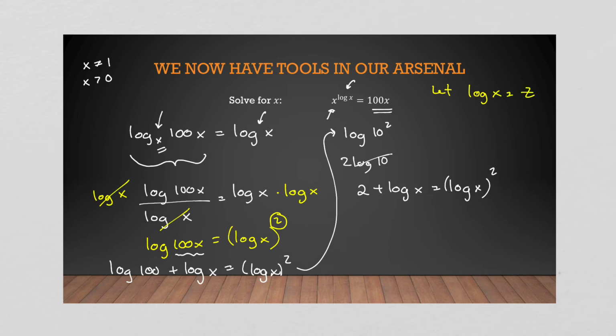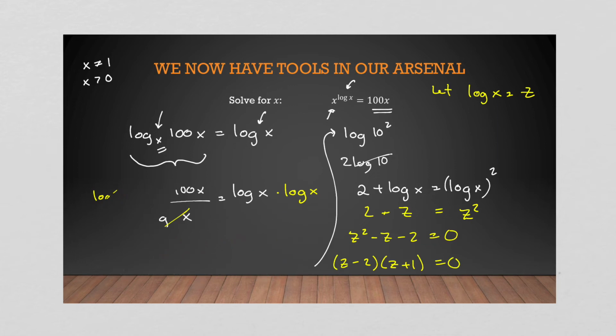Because now we have z squared equals z plus 2, which means we have z squared minus z minus 2 equals 0. So I've rearranged my quadratic. And now I can factor this to z minus 2, z plus 1. Now I'm just going to erase some of the stuff here on the left because I need a little bit more room to write.